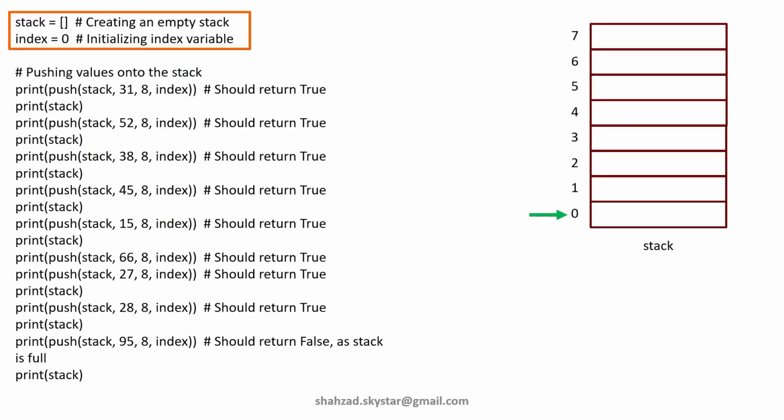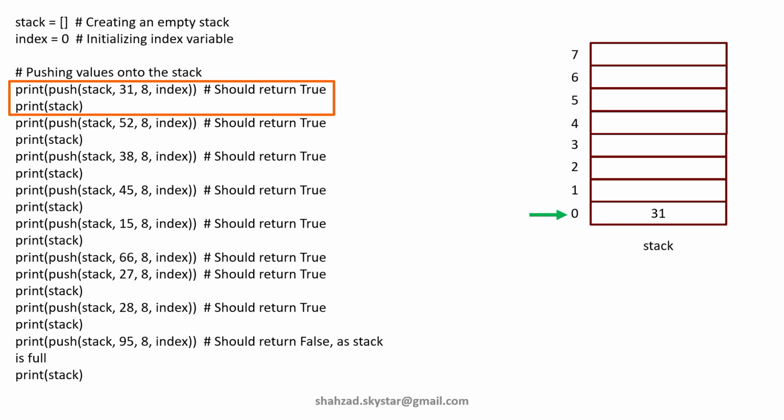For example, in this case, the stack is empty. I have an empty stack and index will point to 0. Here I am showing index is pointing to 0, because in Python the array index always starts with 0. That's why I have written 0. First of all, it will push 31. How many parameters am I passing?